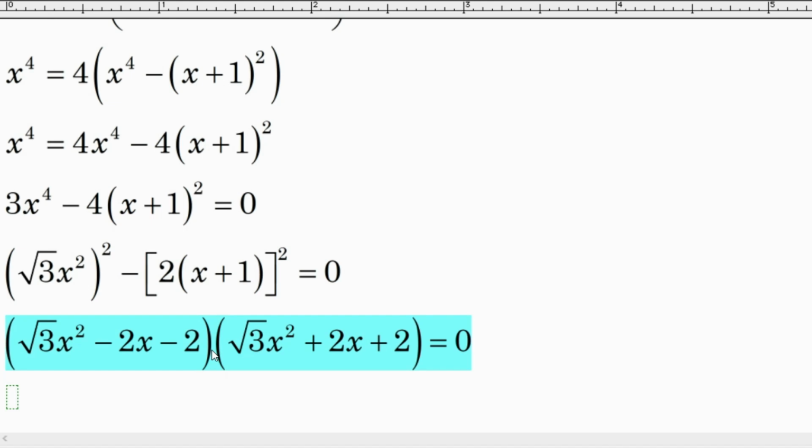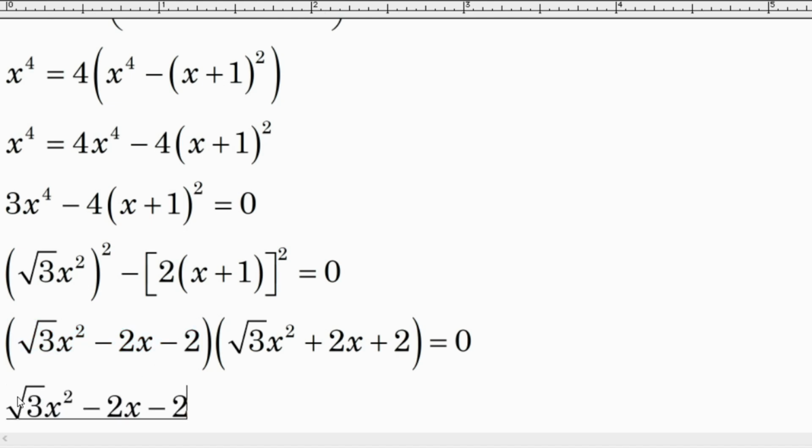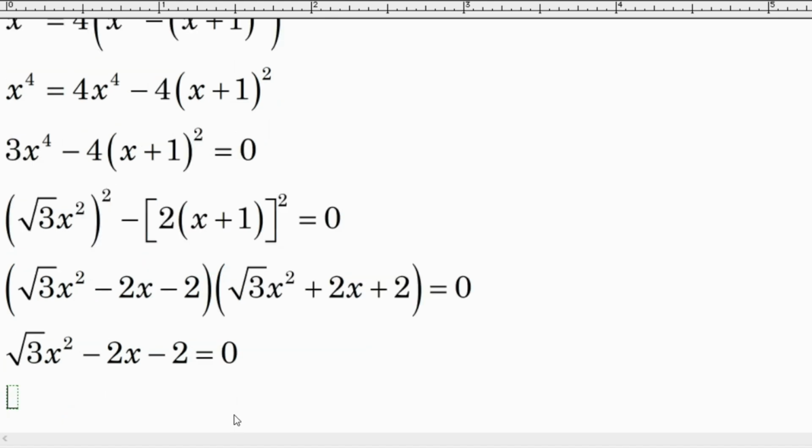Okay, now we have two factors equal to 0, then we can give each factor equal to 0. So now I'm gonna give these factors equal to 0, and then we can solve this equation for the values of x. So let me solve it.